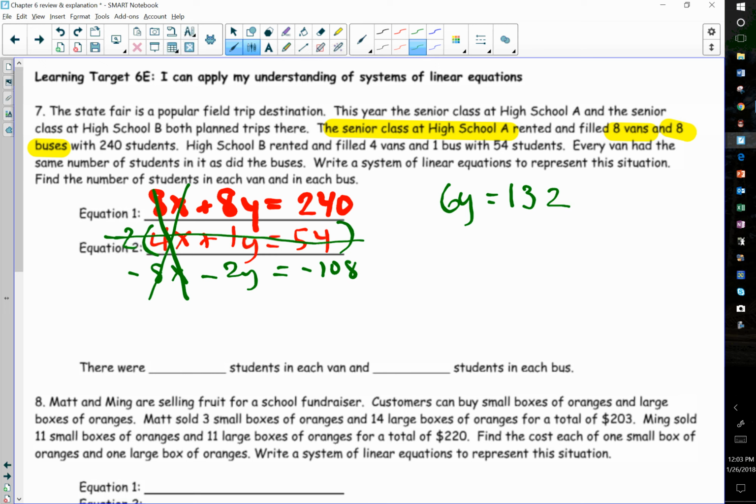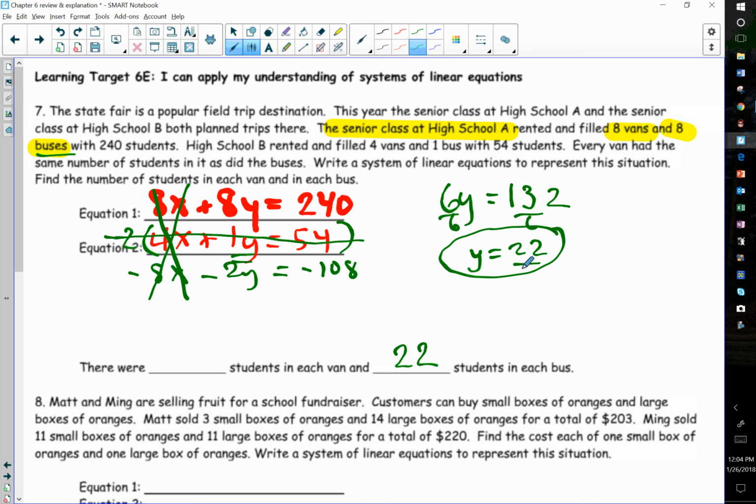Divide both sides by 6, and I get y equals 22. Now the y in this case is just the second variable, so the second variable is buses. That means there were 22 students in each bus.